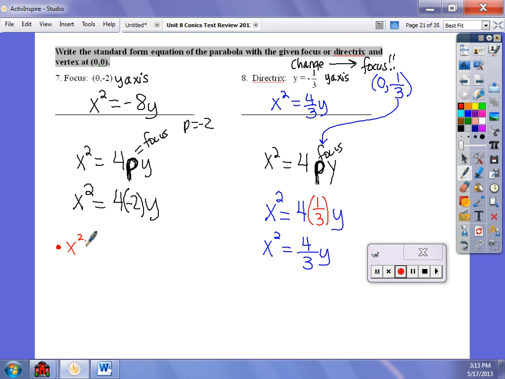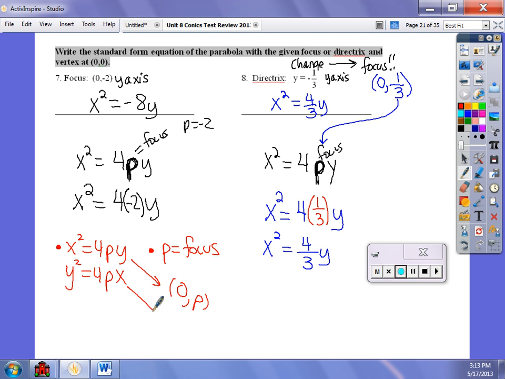So remember, for parabolas, we have two forms: x squared equals 4py and y squared equals 4px. Also, the thing you have to remember is the focus is p. For this one, the focus will be (0, p), and for this one, the focus will be (p, 0).